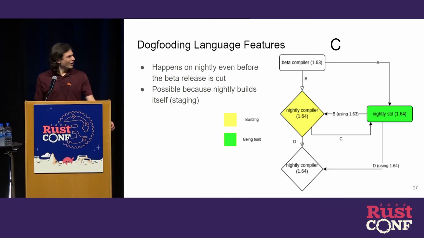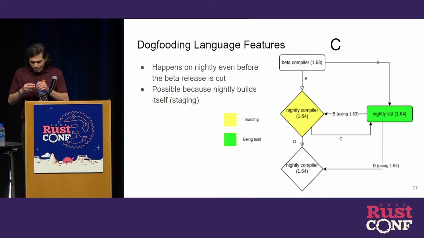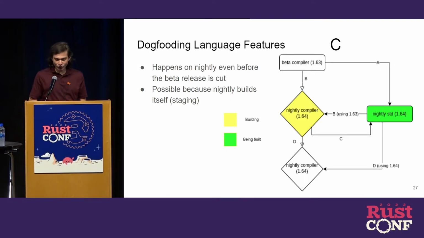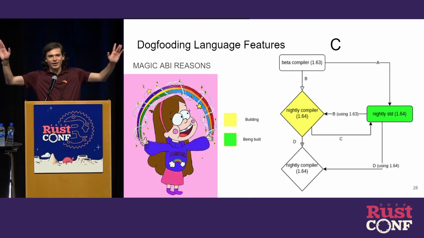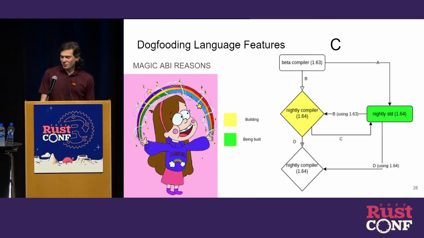Now, you might think that's kind of weird. Why are we rebuilding the standard library when we've already built it? There's a great reason for that. And the reason is magic ABI reasons. I'm not going to go into ABIs and why this is important in this talk, but I'm happy to answer on Discord or after the talk.